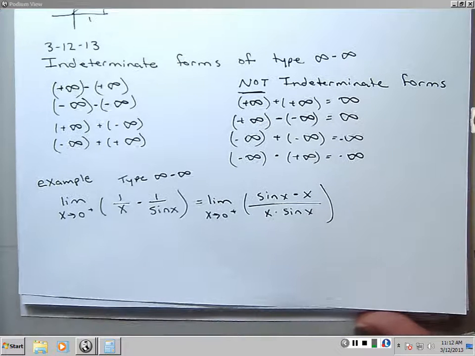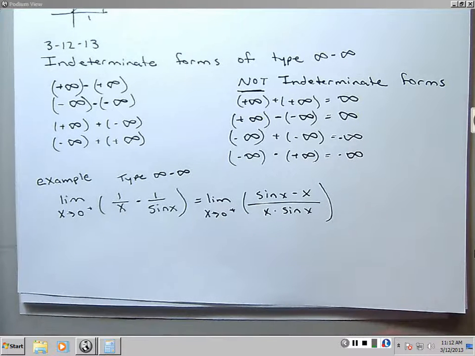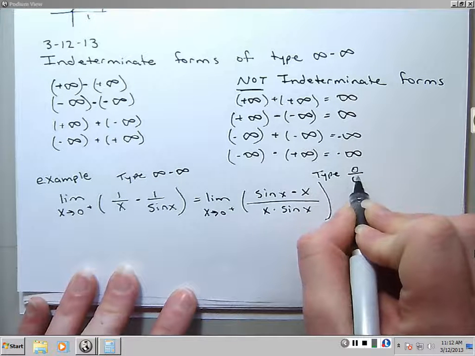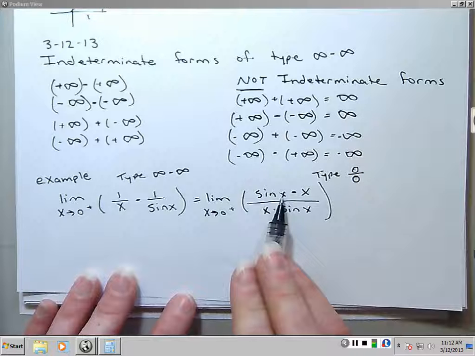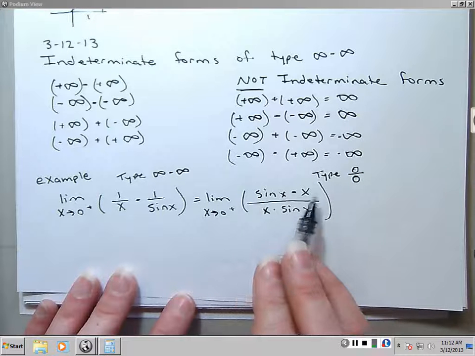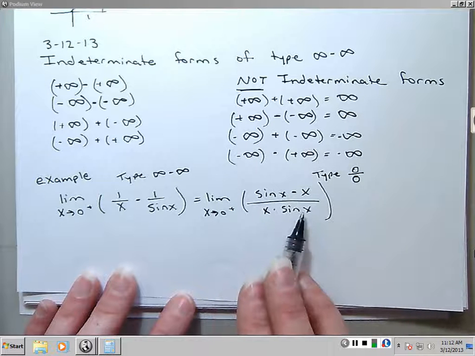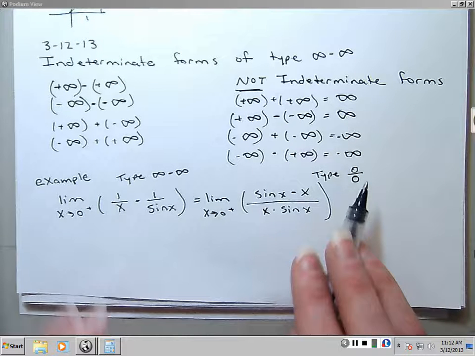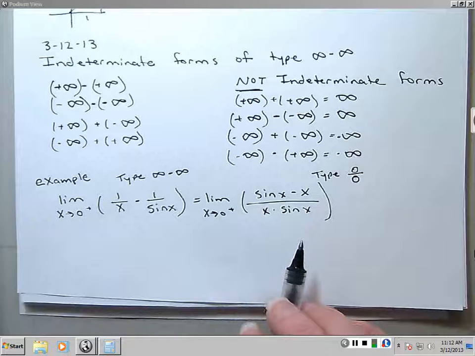Now if I plug in 0, what do I have? Sine at 0 is 0, minus 0 is 0, and then 0 times 0 is 0. So I have 0 over 0, which is a type I can apply L'Hopital's rule to directly.